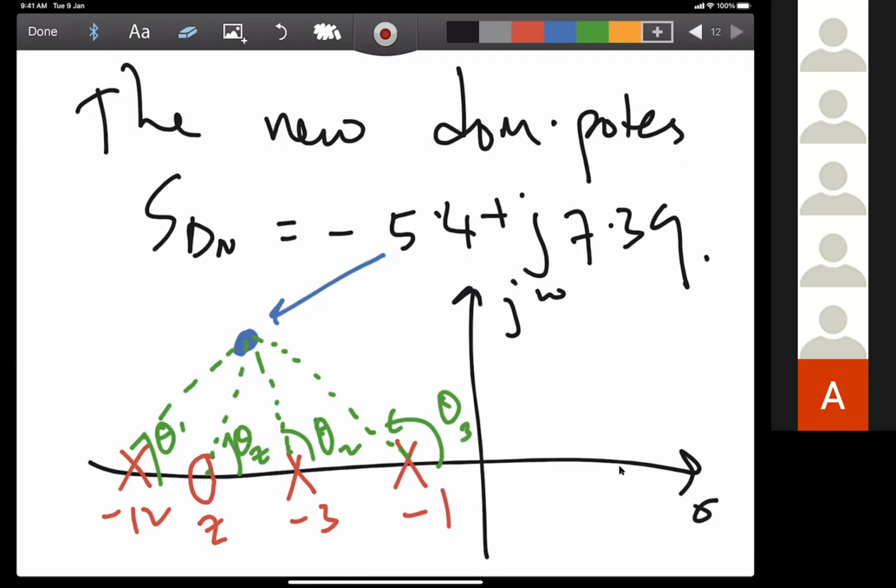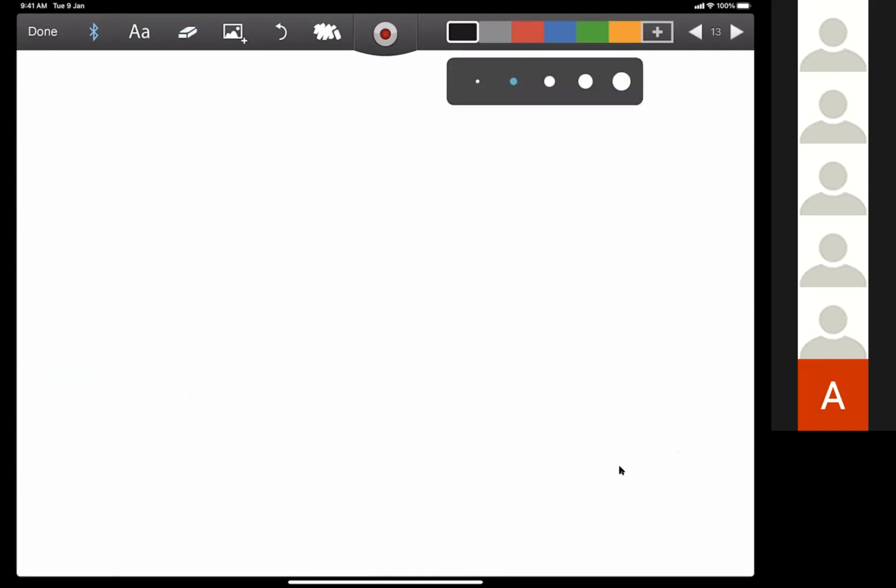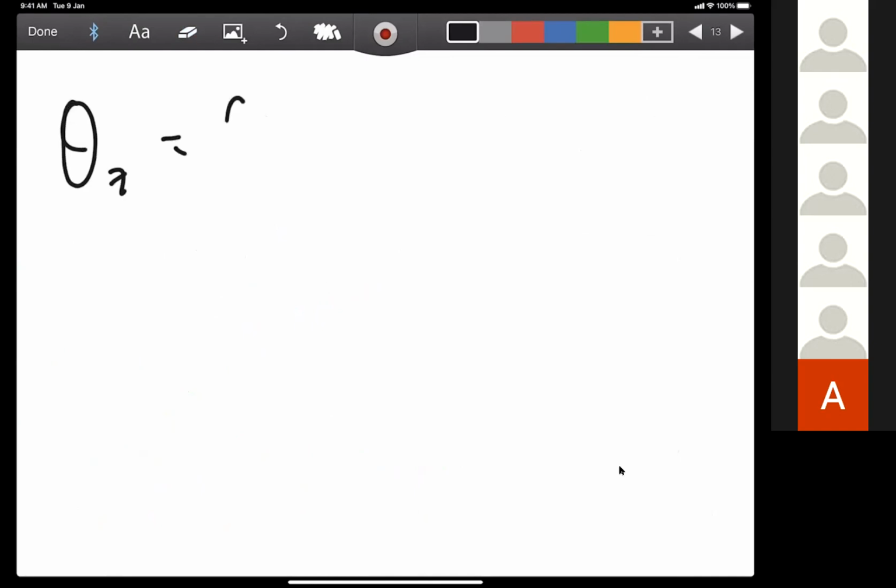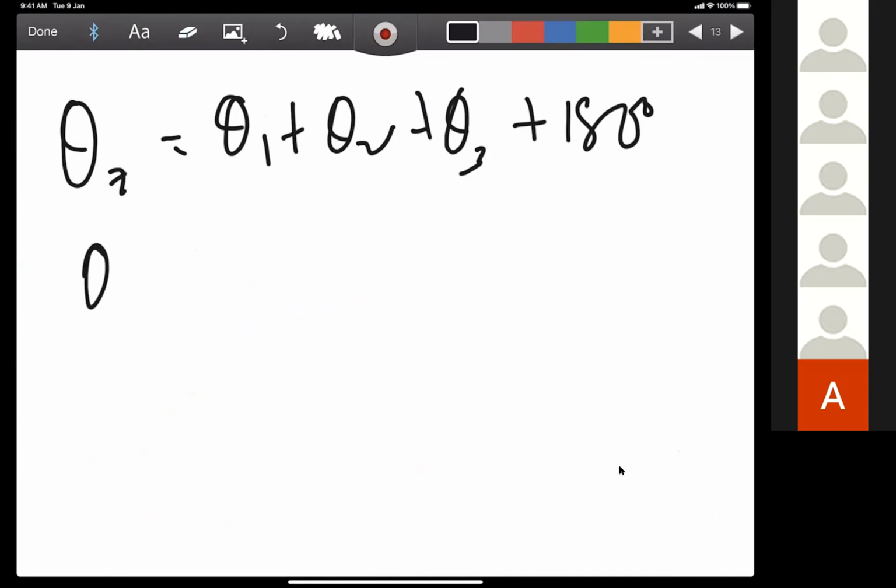Then theta z is equal to theta 1 plus theta 2 plus theta 3 minus 180 degrees.